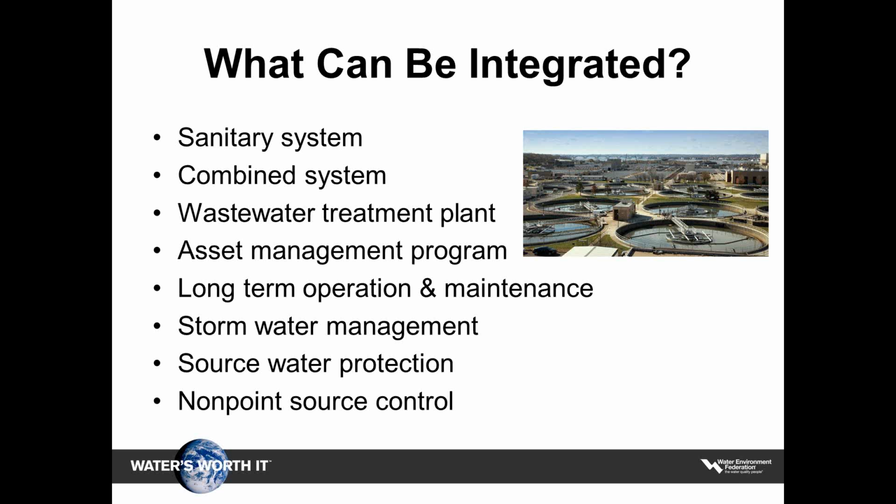If you are developing a program to address issues in any one of these areas, if you need more flexibility from the agency, then it might be good to consider integrated planning as a tool to obtain that flexibility.